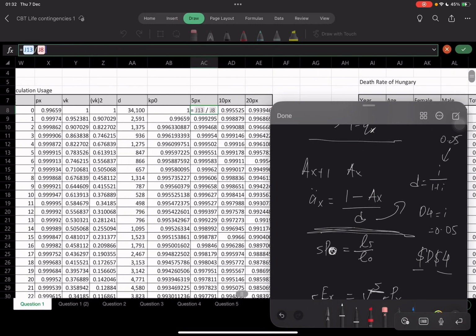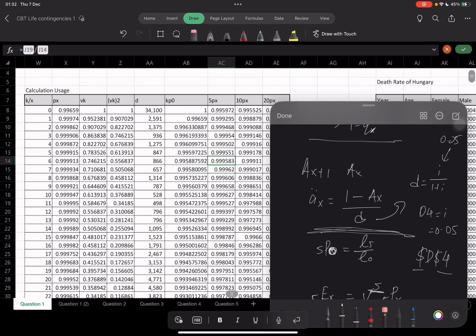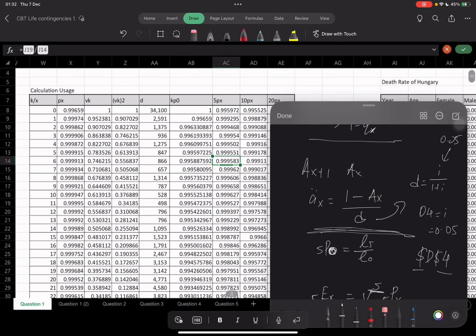For subsequent ones, following the x, which is the age.